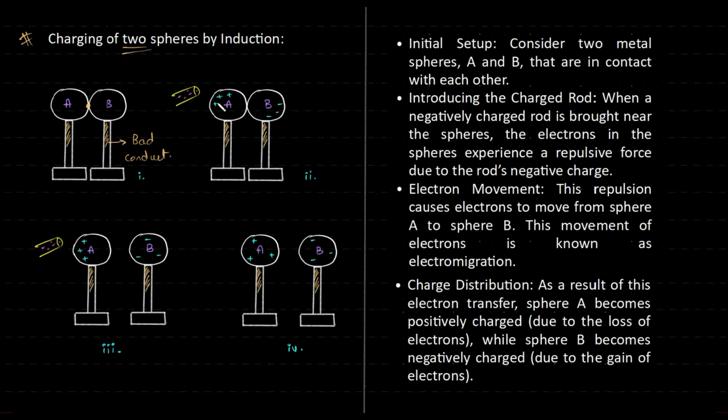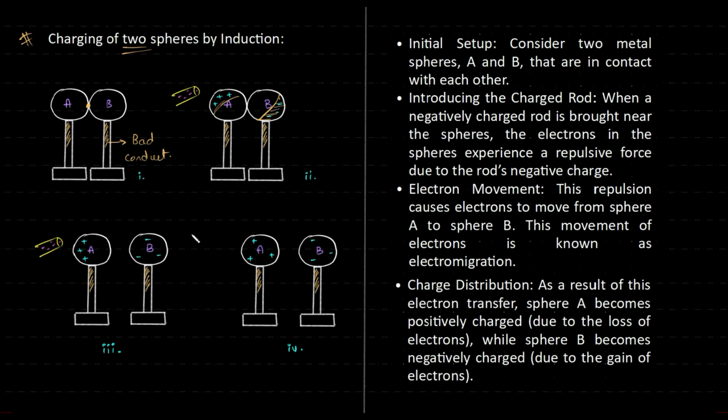Obviously, the electrons will run away to this end. It will accumulate more to the right end, leaving behind a lot of positively charged things on the left end, right? Because of the absence of some of the electrons, not all of course, this end will be positively charged, while the right end is negatively charged.